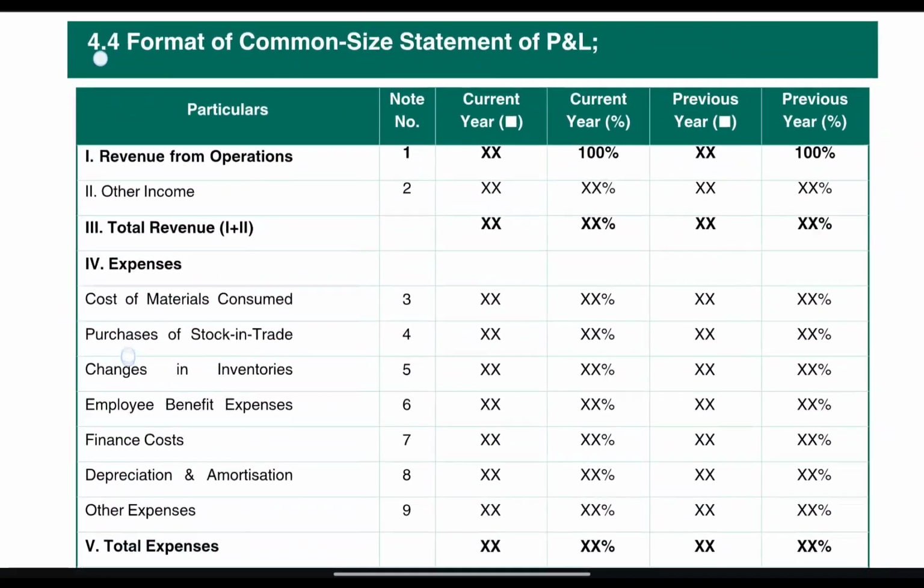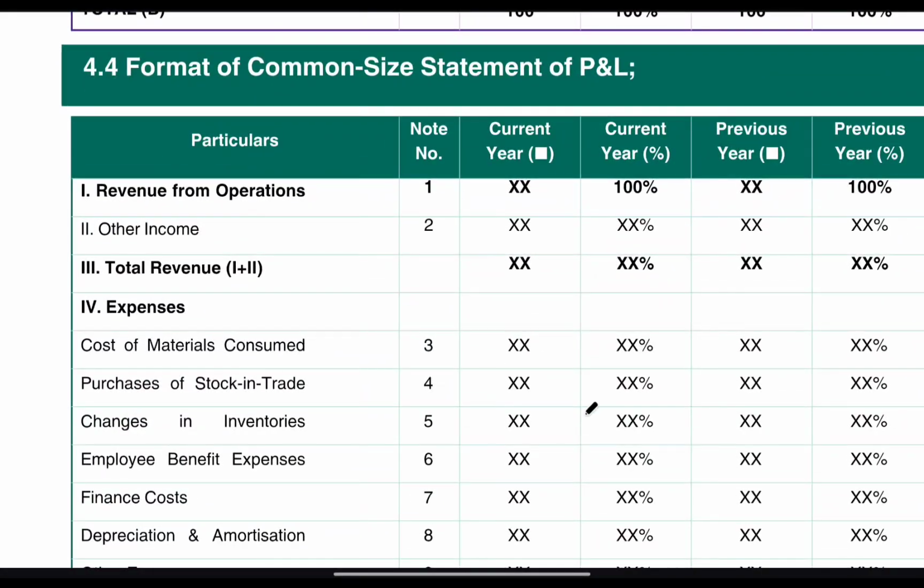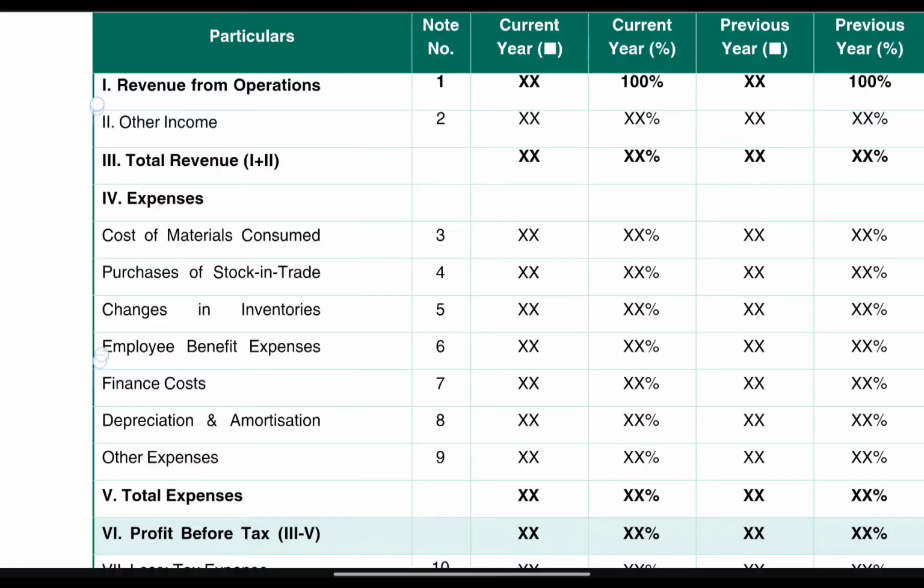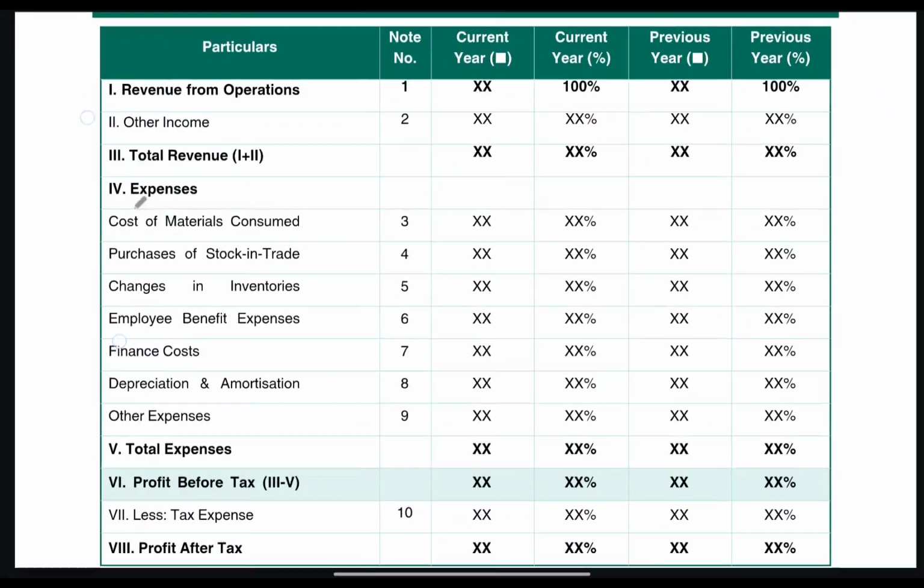Now the format of the common size statement of profit and loss. In profit and loss, what figure are we going to take as base figure? That is net revenue from operations or revenue from operations. This is revenue from operations. We have considered it as 100%.